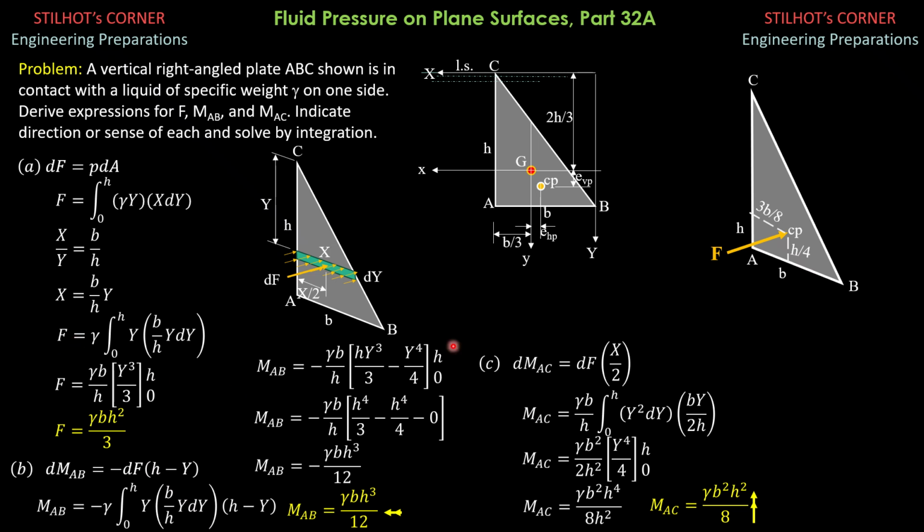So F times this moment arm is equal to gamma BH cube over 12. So this would be the sense as shown in the figure. So for moment AB, the direction of our right thumb would be in that sense, that's positive. And moment about AC would supposedly be negative, but that's the direction of our right thumb. So that's it for this video.